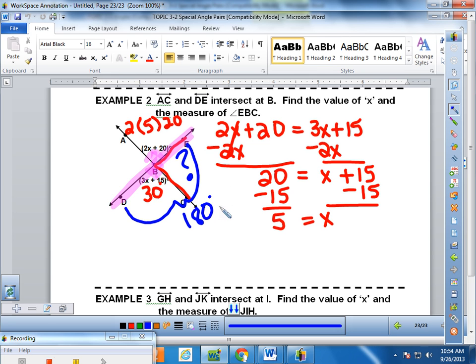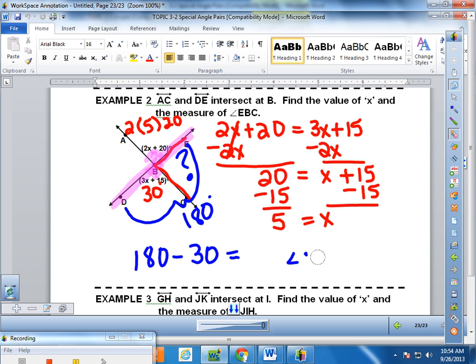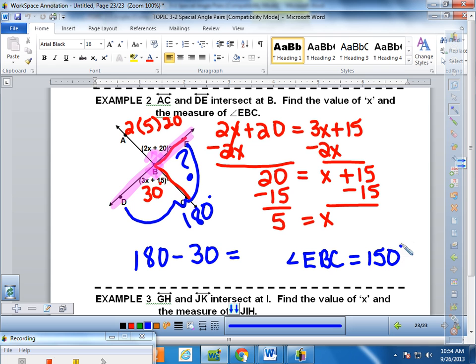So to find your answer, all you're going to do is subtract 180 minus 30. So the answer they're wanting for angle EBC is 150 degrees. This is your final answer.